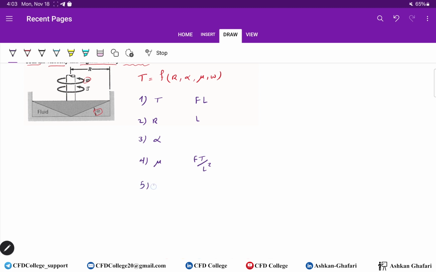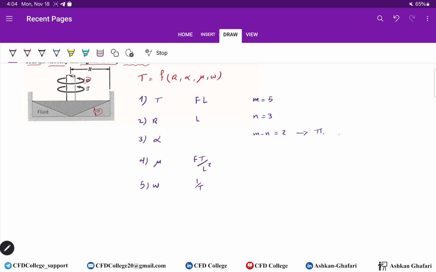The fifth one is omega, 1 over T. So m is 5, n is 3: F, L, and T. So m minus n equals 2.